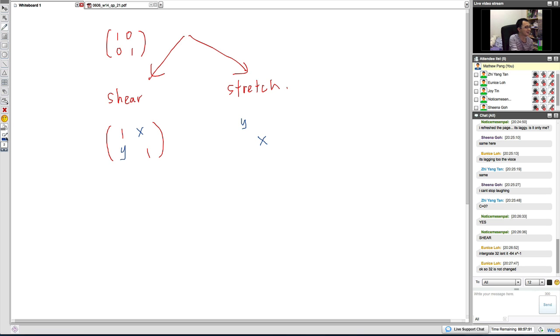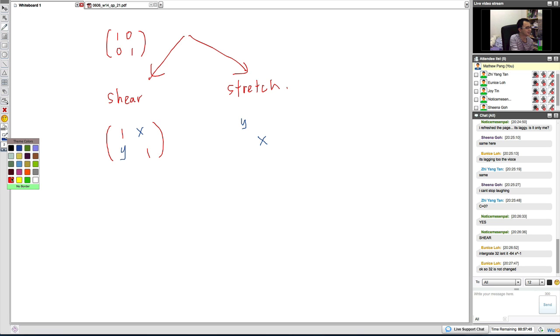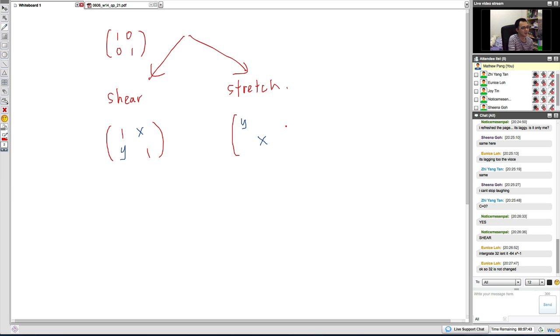So I will randomly give an example. Let's say this is 7 0 0 1. I ask you this: based on the position of 7, tell me it's shear, because shear will use this position. And you see the y here, that means this is invariant on the y, and the skew factor is 7.